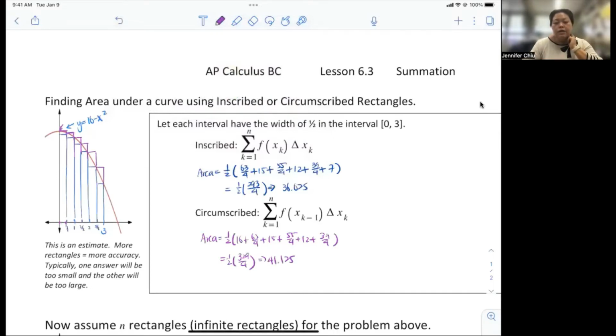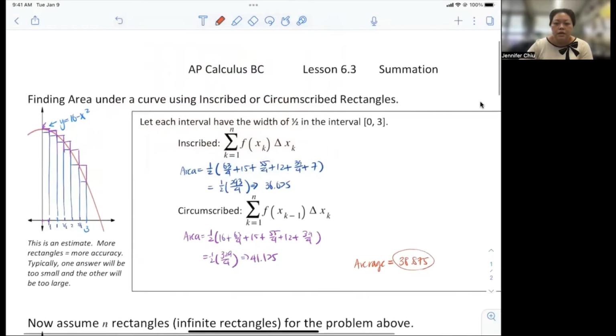So you can see that one is an overestimate, one's an underestimate. So maybe a better way to do this is to find the average. So the average would be 38.875. Okay, so that's an average, and we'll find out in a minute if this is a good enough average or not.